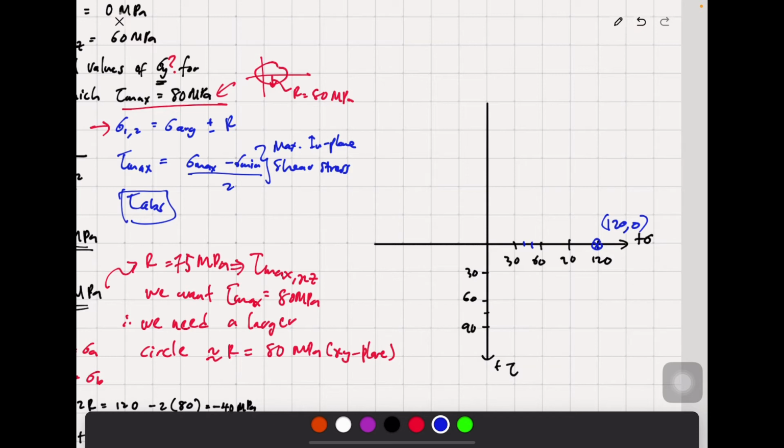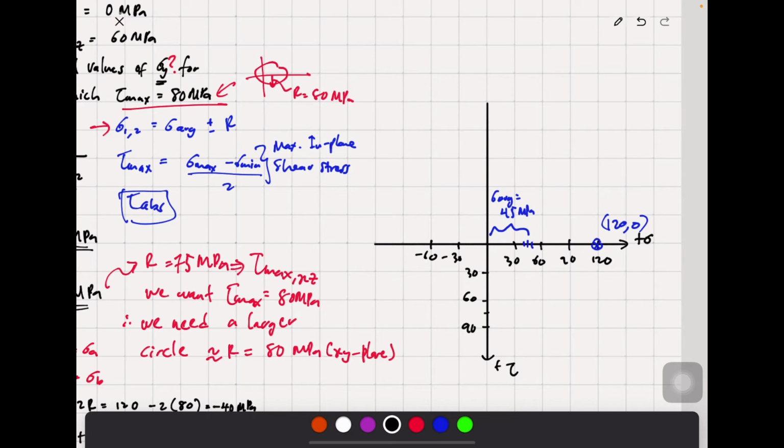So 45 is around here, right? 45 is around that point over there. This is sigma average, 45 megapascal for sigma average, right? Then also last but not least, negative 30, right? Negative 30.